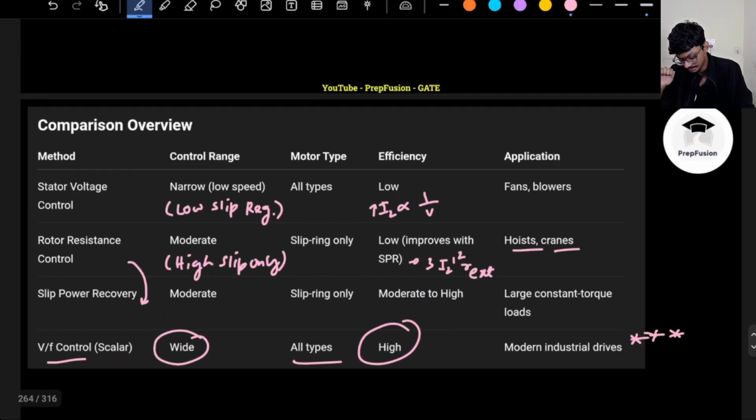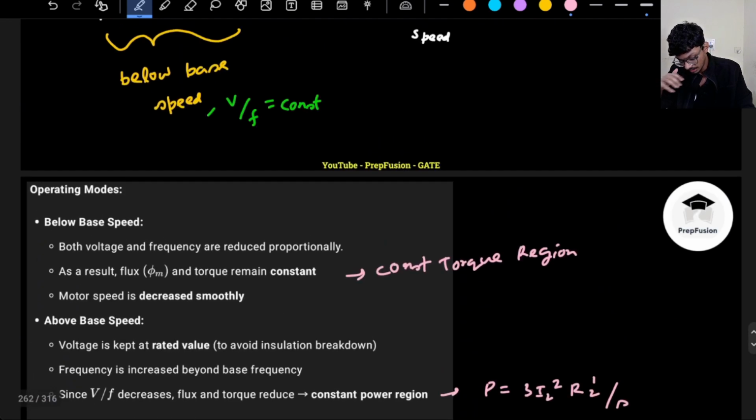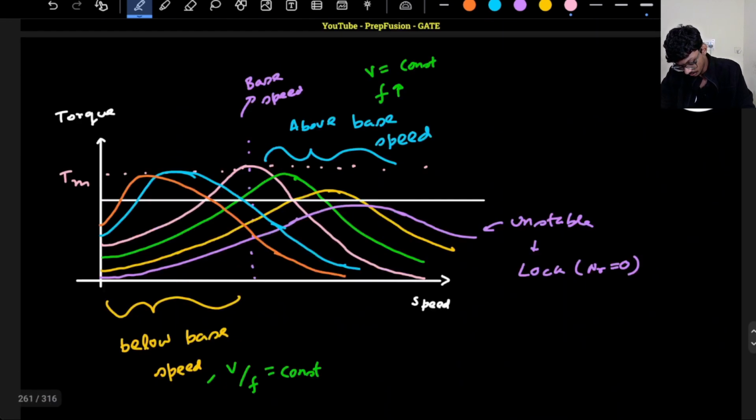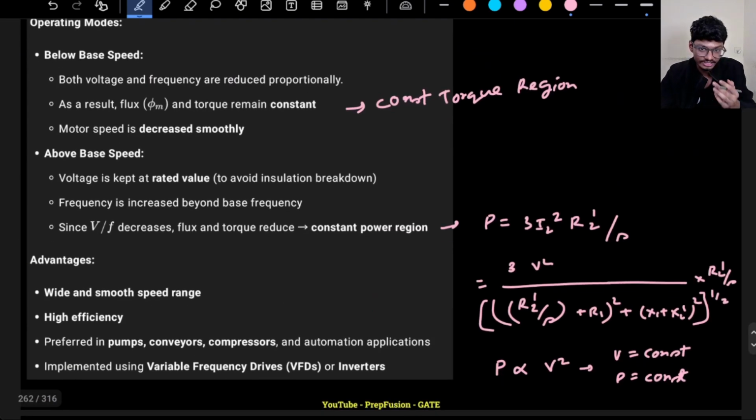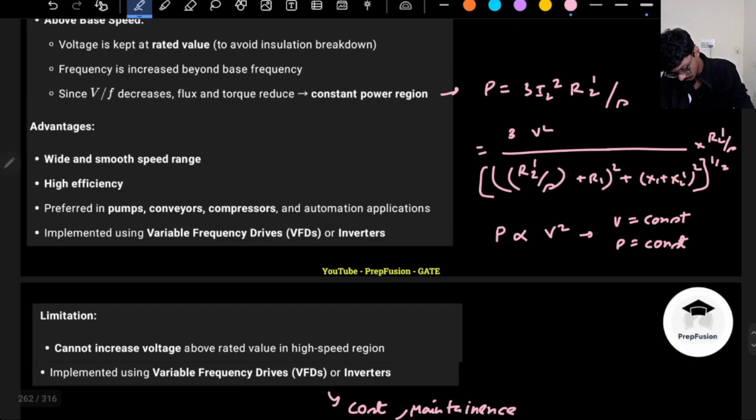So, one thing I forgot to do. Let me draw the graph. I forgot to draw the graph. This is similar to DC motors, right? If you remember, in DC motors we had drawn a graph like this. I will draw the graph here only.